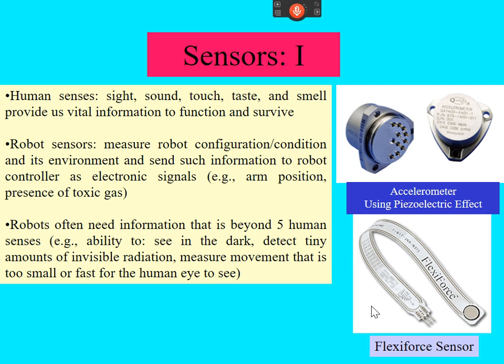The last bullet on this is robots often need information that is beyond the five human senses. I've already talked about that. The ability to see in the dark, infrared cameras, infrared sights on weapons, where you use infrared or other technologies to see where the human eye can't see.